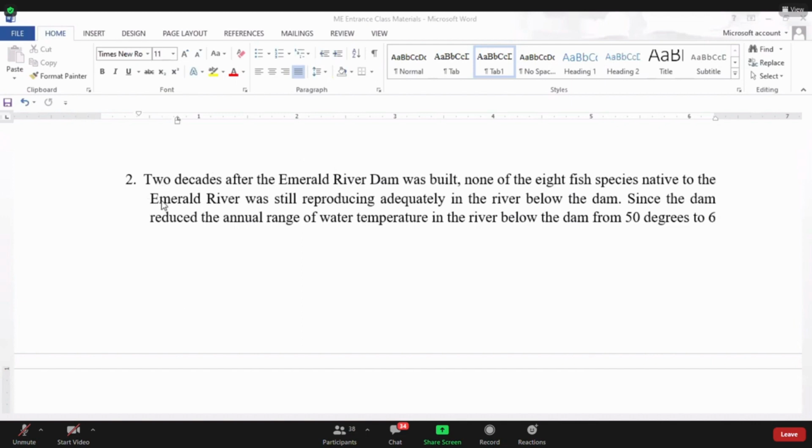Here what you have: two decades after the Emerald River Dam was built, none of the 8 fish species native to the Emerald River was still reproducing adequately in the river below the dam. I mean, the Emerald River Dam was built.